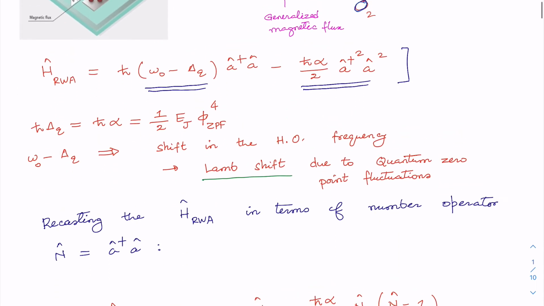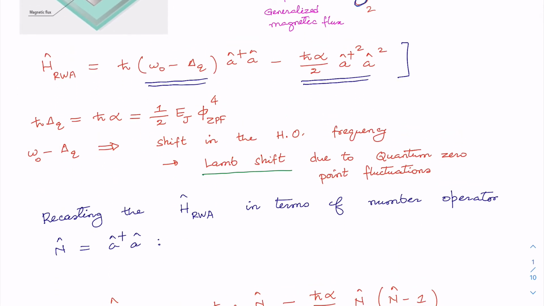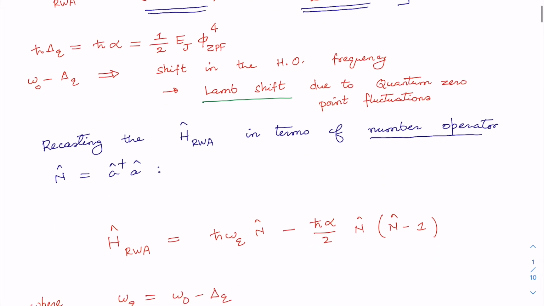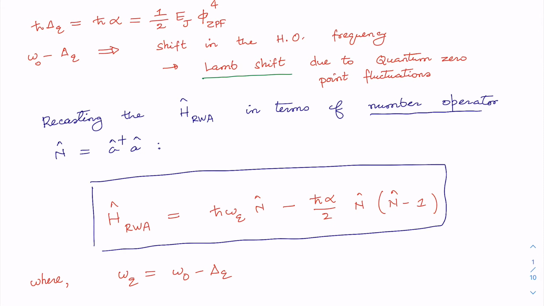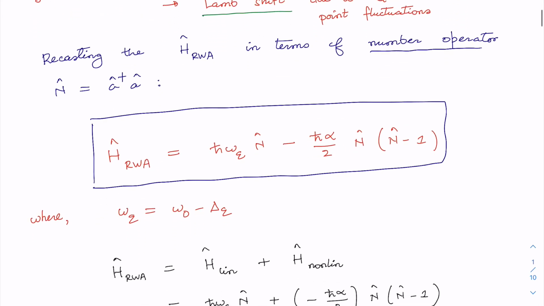This Hamiltonian can be recast in terms of the number operator, and using the number operator we can rewrite the Hamiltonian in this particular form. As you can see from this Hamiltonian, there are two terms. One is a linear term, linear in the number operator n, and another one is a nonlinear term, quadratic in n.